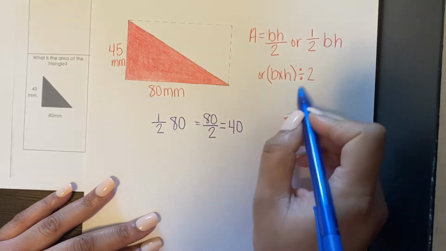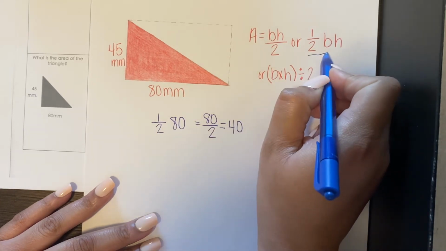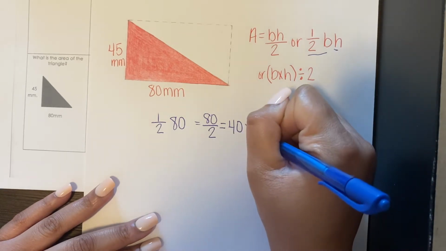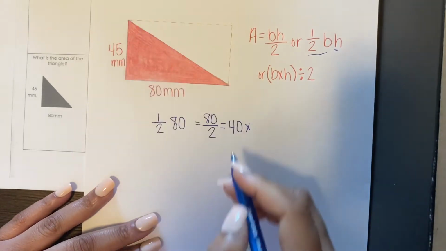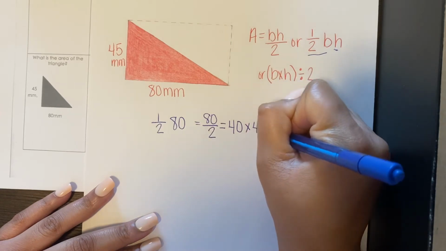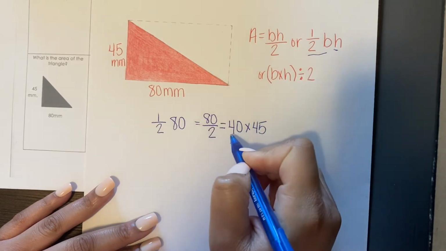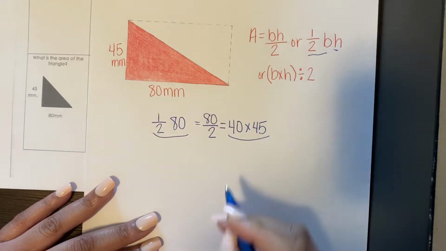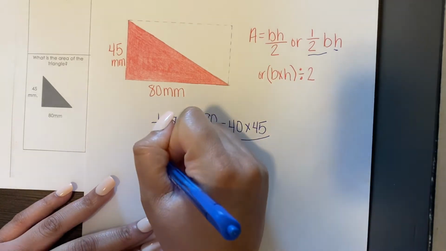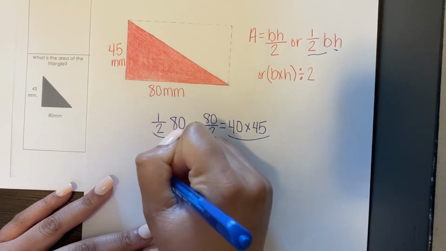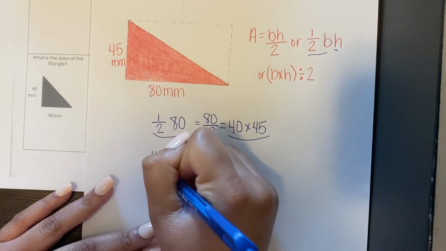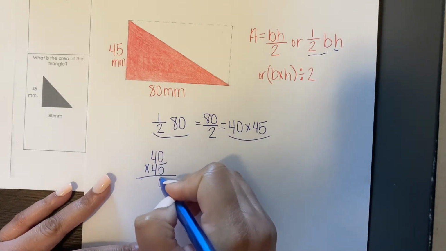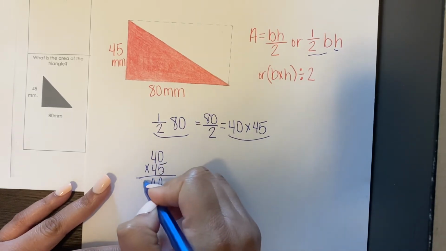So far I have 1/2 of the base. Now I have to multiply that times the height. So I have to multiply 40 times 45. That's the first step. Here's our second step. So 40 times 45, I'm just going to do standard multiplication. 5 times 0, 5 times 4.